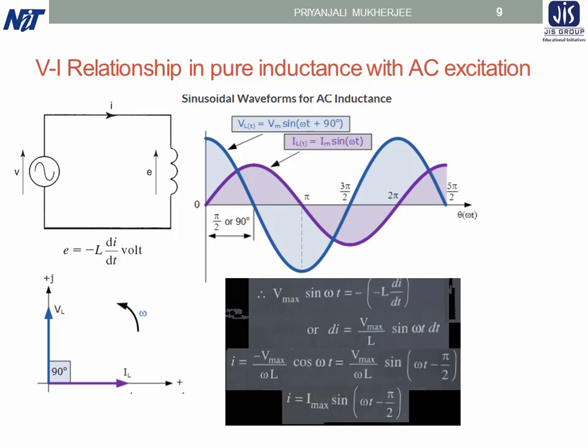That means if we consider the voltage signal, it starts from 0 at omega t equal to 0, and then the current will be lagging behind the voltage by 90 degree. So from this expression we can say that the current flowing through a pure inductive coil lags behind the voltage by the angle pi by 2 or 90 degree.